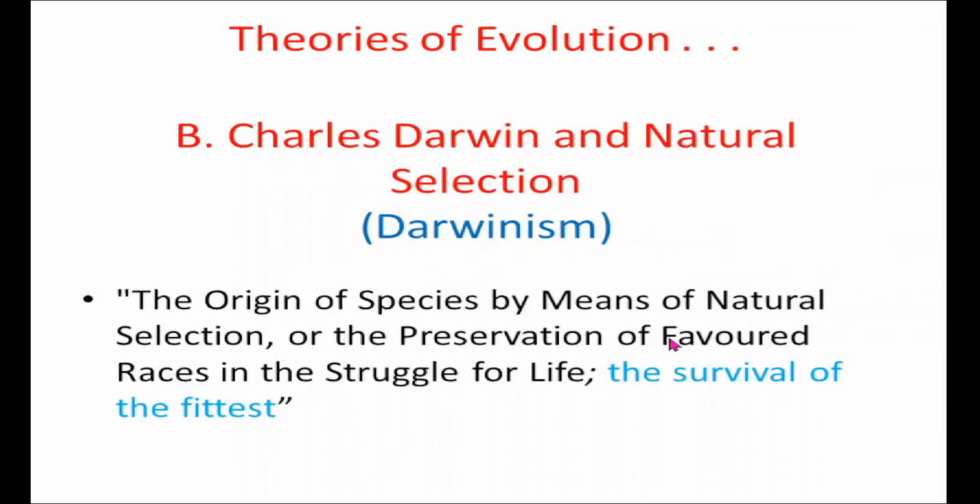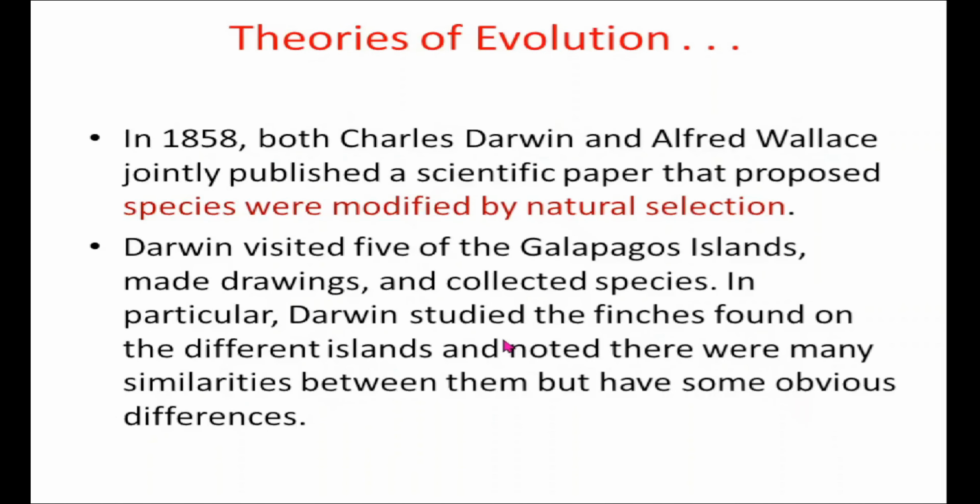The other theory of evolution is Charles Darwin's natural selection, or Darwinism. The Origin of Species by Means of Natural Selection, or the Preservation of Favoured Races in the Struggle for Life. The survival of the fittest. That is Darwinism.